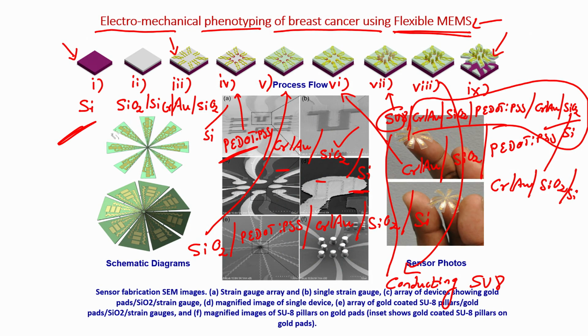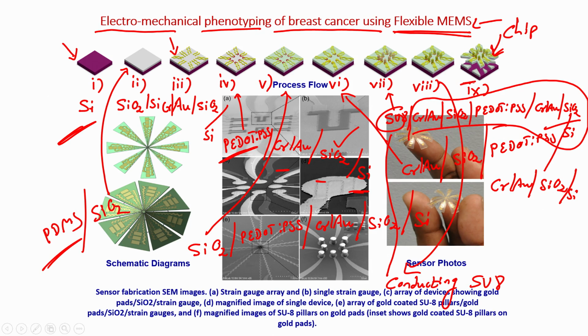On this silicon dioxide, if I have PDMS, then I can detach it at the ninth step. If I do not have PDMS, then I cannot detach my sensor or my chip from the substrate. Why do we have to detach the chip from the substrate?